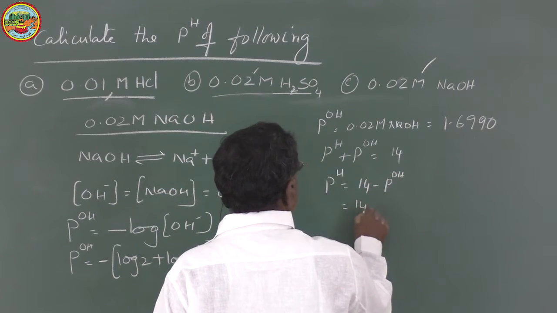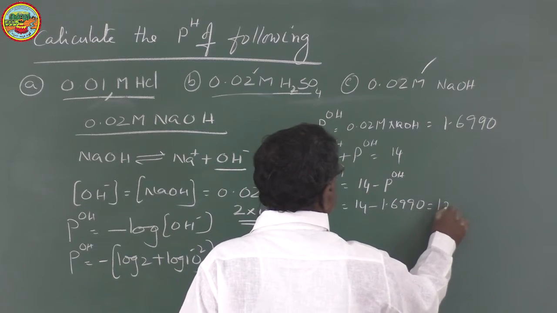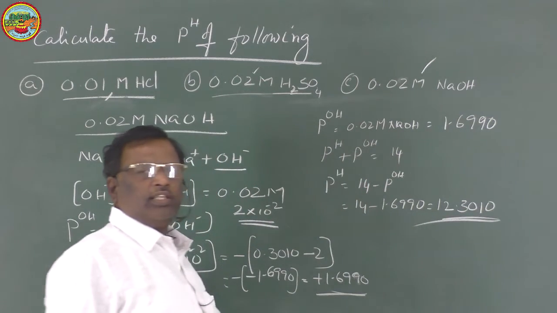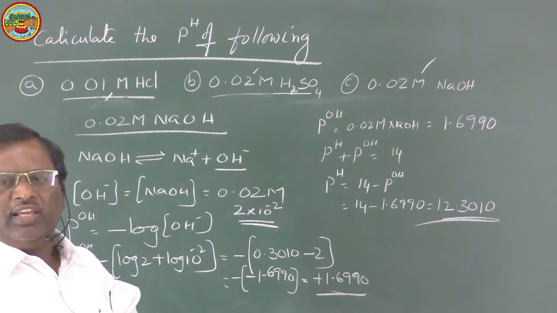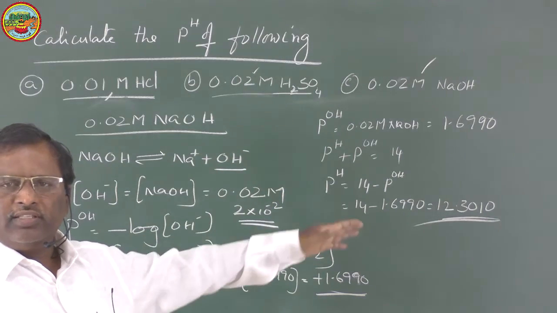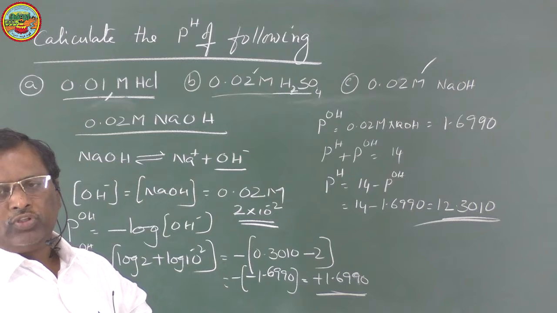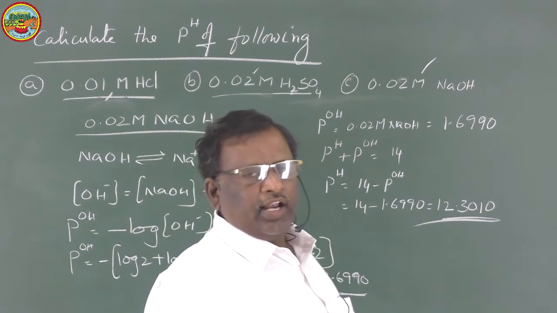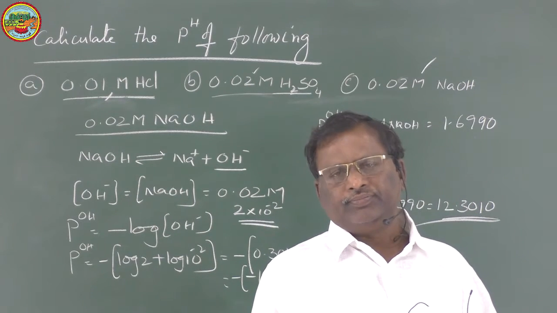So 14 minus 1.6990 will be 12.3010. This is the pH of 0.02 mole NaOH. We know that the pH of basic solutions is greater than 7, up to 14. It is in that range, 12.3010. So if acidic solutions were given, we have discussed earlier, and if a basic solution was given, we have to do the problem like this.